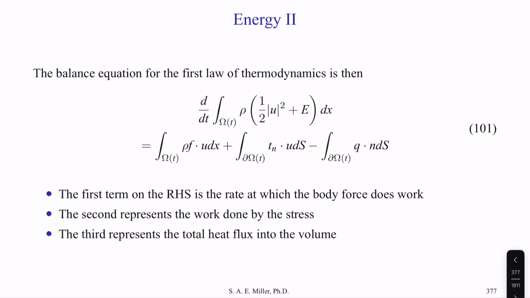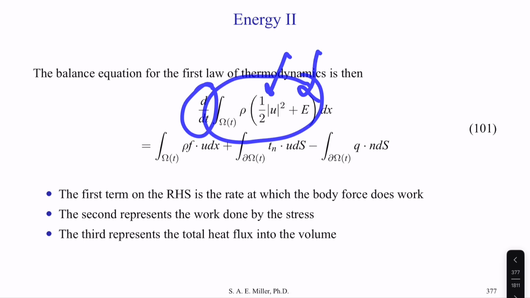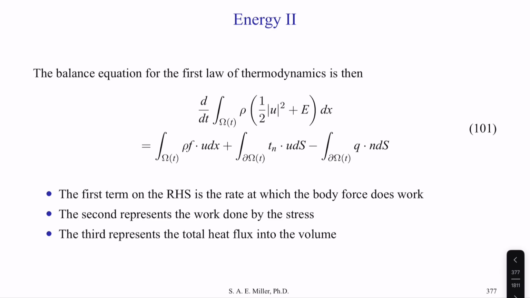And finally, the third term represents the total heat flux into the volume through the boundary, another surface integral. We just defined this term on the previous slide, and the negative came out. On the left-hand side, of course, is the time rate of change in the fluid parcel of the specific internal and kinetic energies, a volumetric integral. And there's your balance, the first law of thermodynamics.